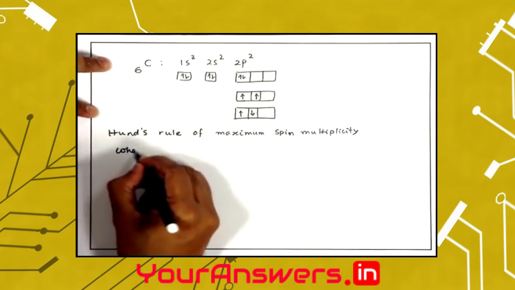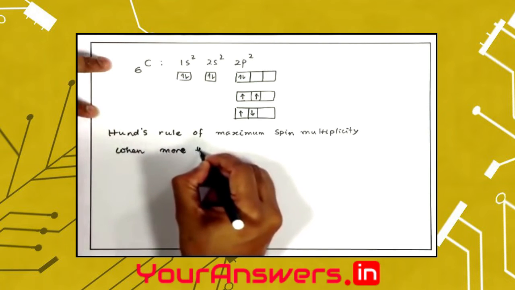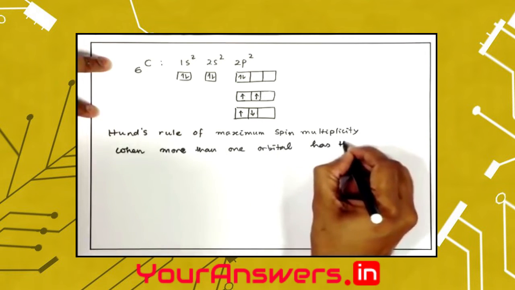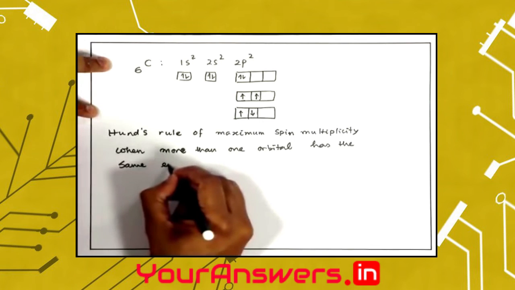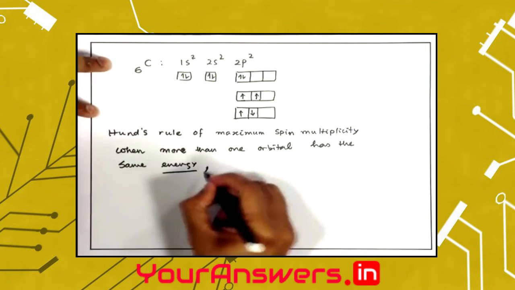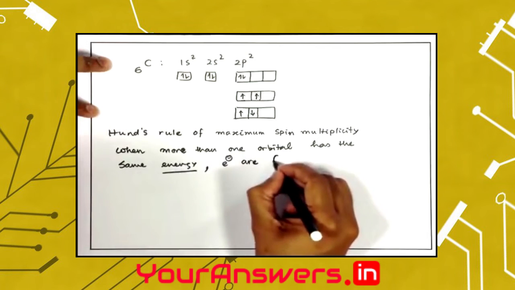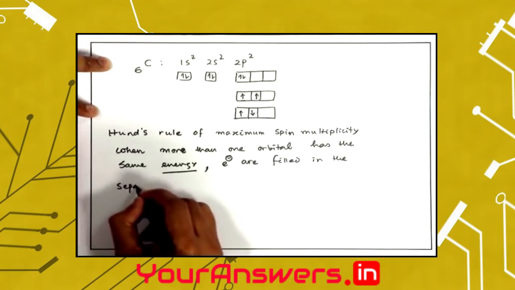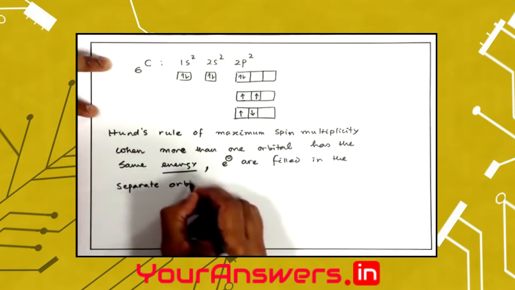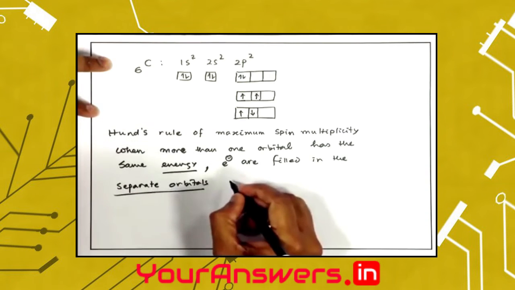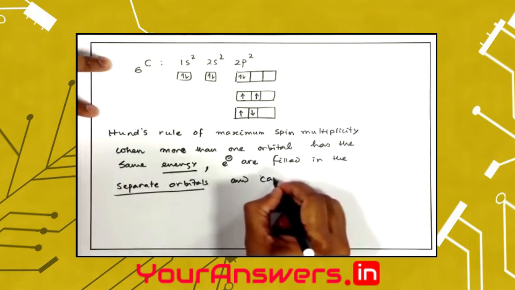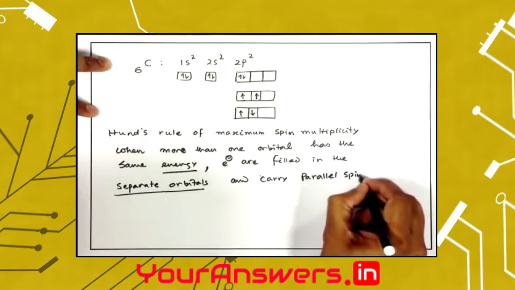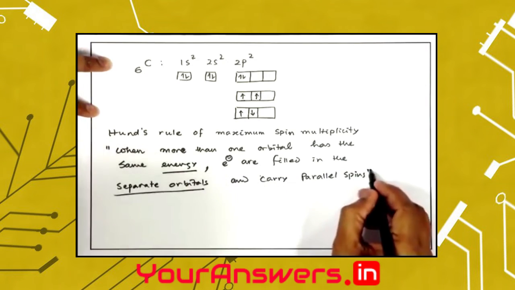It tells that when more than one orbital has same energy, then electrons are filled in the separate orbitals and they carry parallel spin. This is what Hund's rule tells.